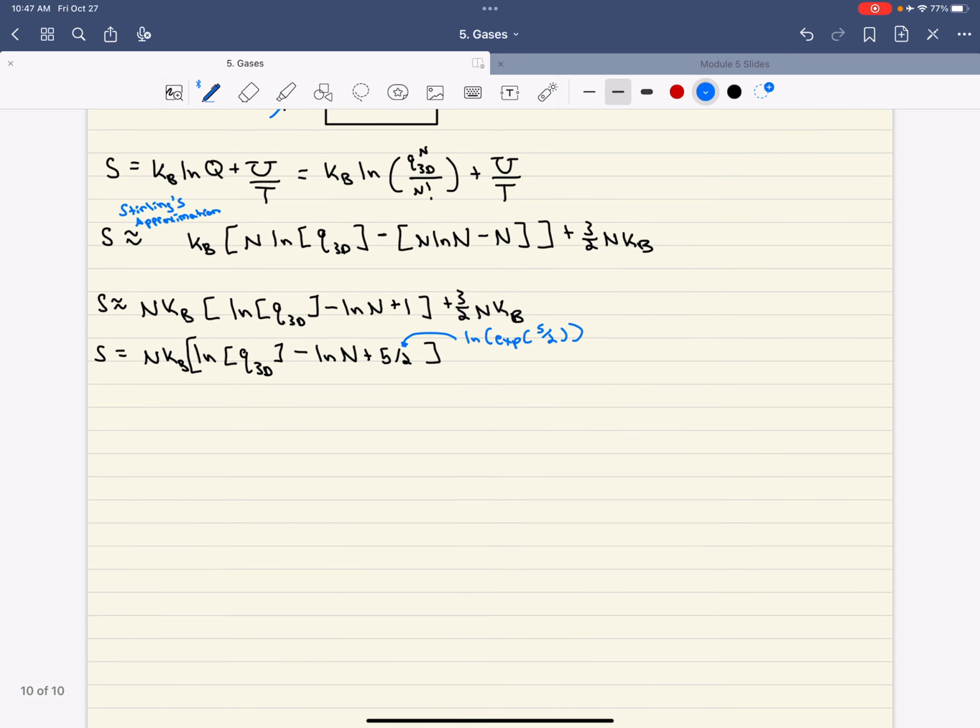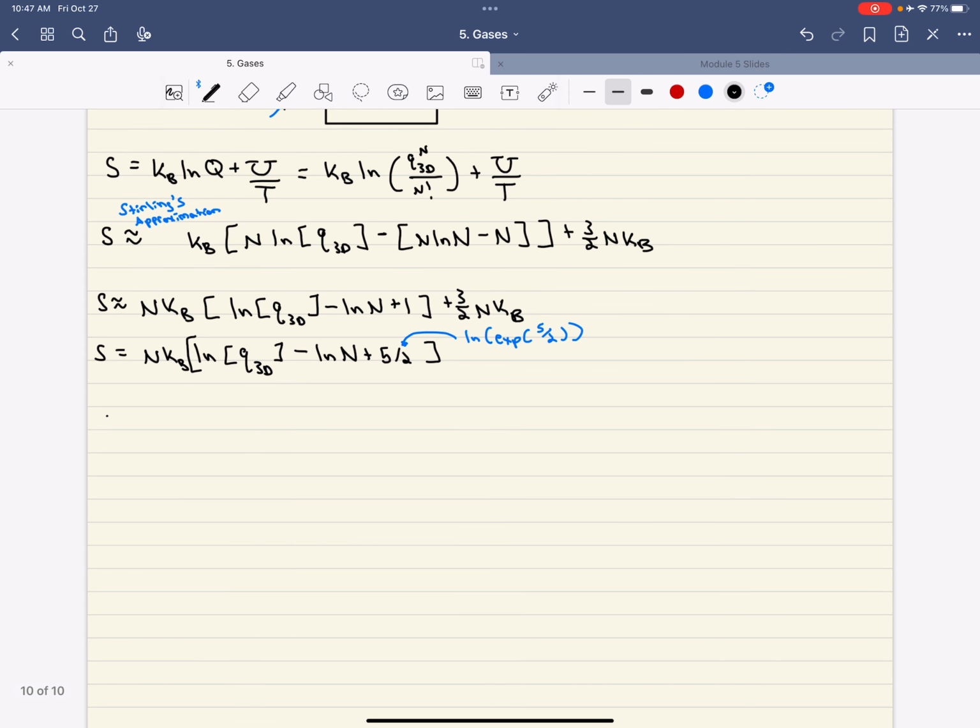And so when I do that, I get that S is equal to n kB ln of 2 pi m kBT divided by h squared to the 3/2, and then here we'll have the exponential of 5/2 divided by n, and then that's multiplied by V.